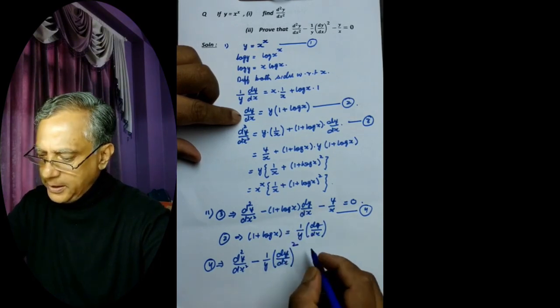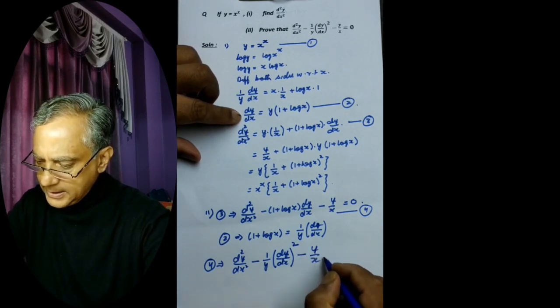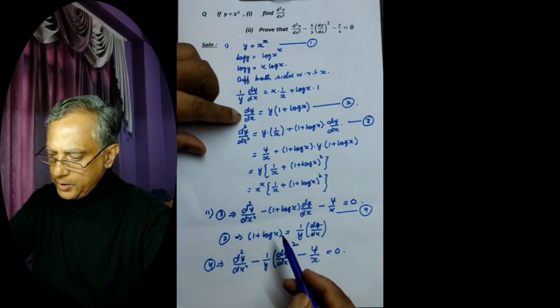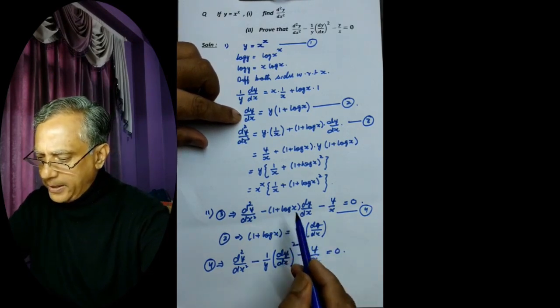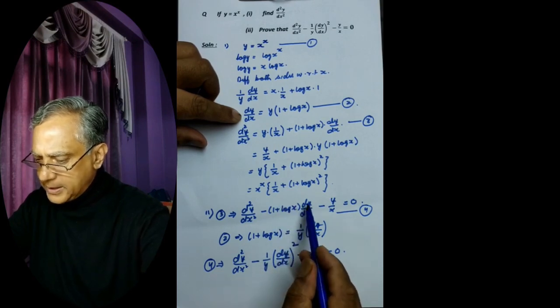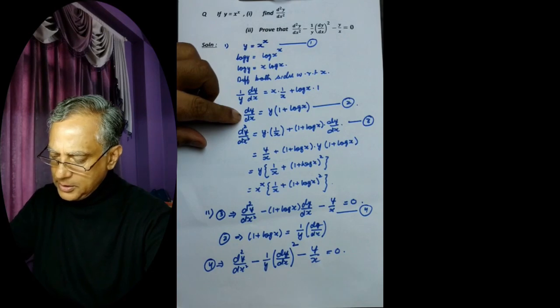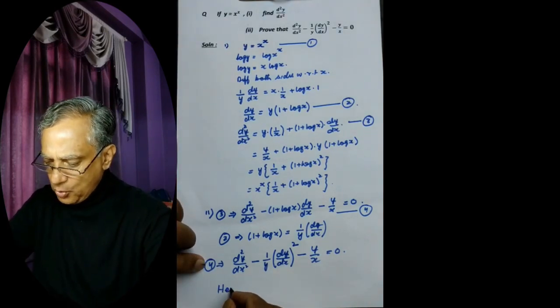So this must be dy by dx whole square minus y by x is equal to 0. We substitute 1 plus log x is equal to this, so this will be 1 by y into dy by dx into dy by dx. So this is the required result, hence proved.